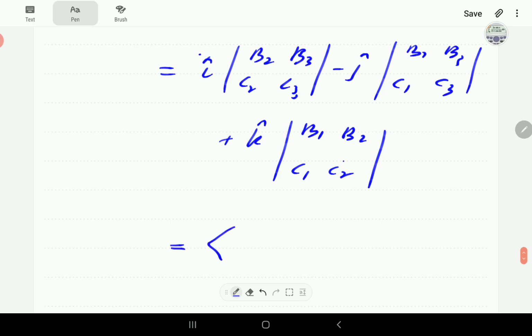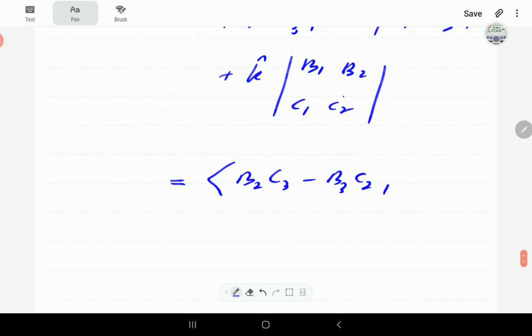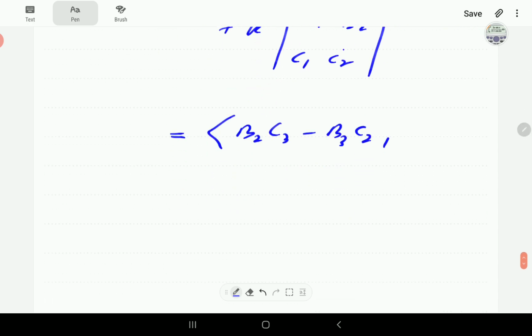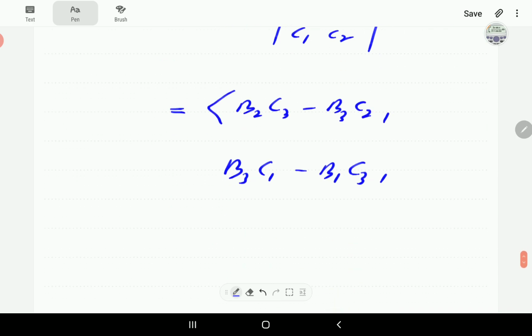And so this is going to be B2 C3 minus B3 C2. And then from here, it's going to be B3 C1 minus B1 C3, and then the z component is going to be B1 C2 minus B2 C1.